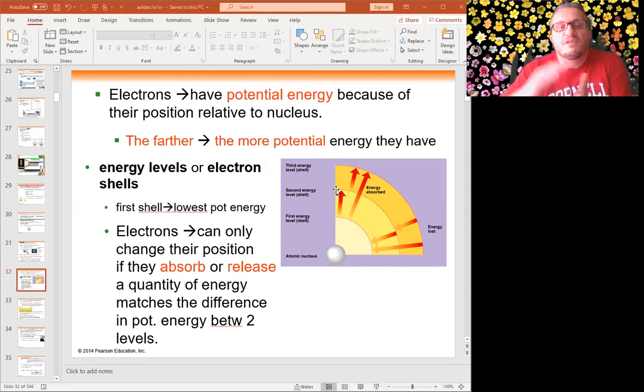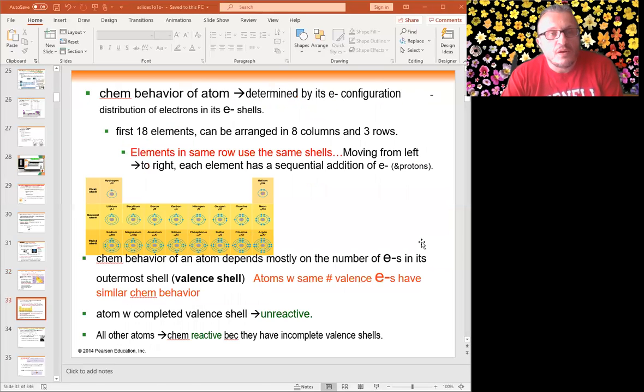So electrons have these shells, which are potential energy levels. Their energy actually depends on their location. The farther away from the nucleus, the more potential energy they have. Okay, you can see here the first shell, second shell, third shell, with much higher energy.